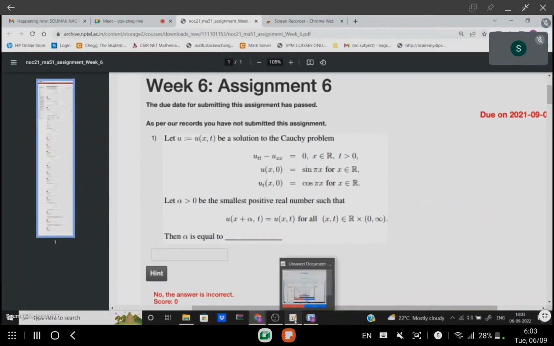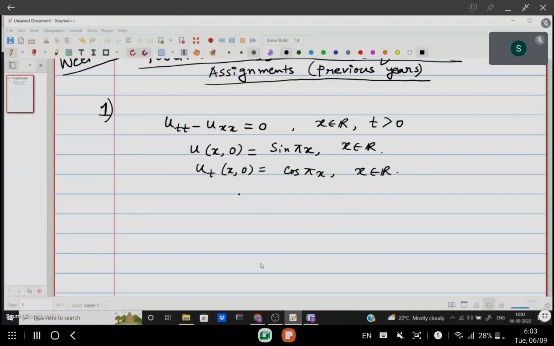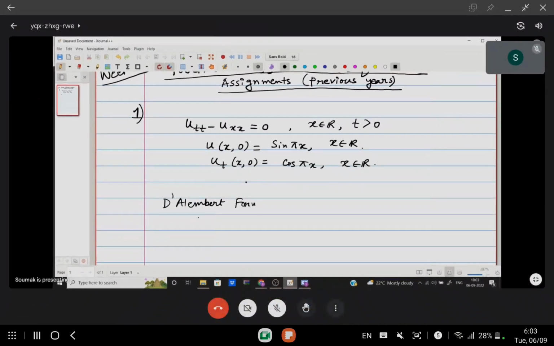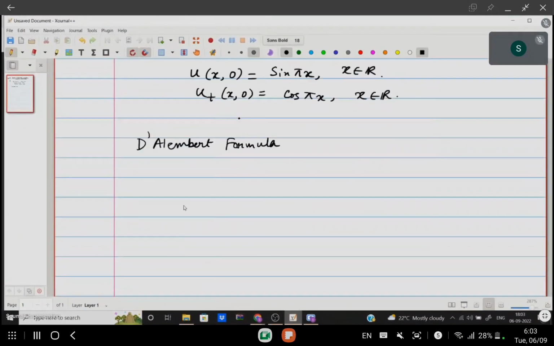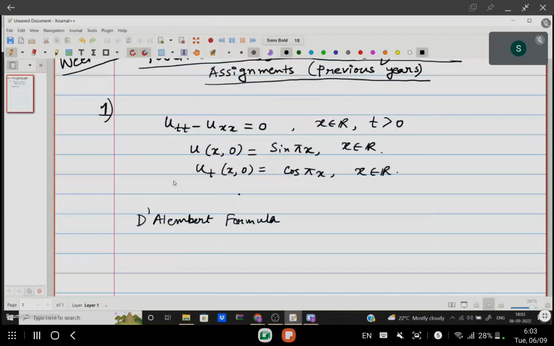So what is u(x,t)? You know the D'Alembert formula, right, Ramesh? Yes, sir. Okay. So what is the D'Alembert formula for this wave equation?